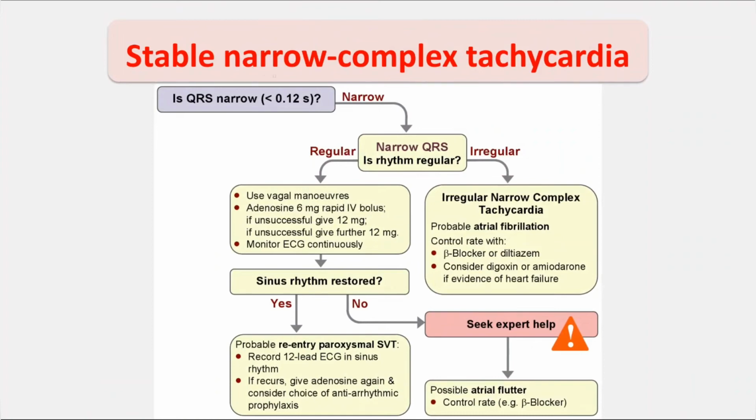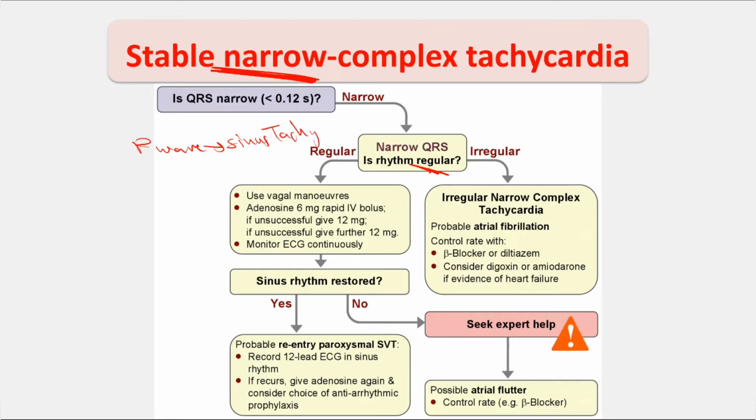But now we are talking about a stable case, with no adverse feature, but the QRS is narrow. So if it is narrow, you have to look at the regularity. If it is regular and there is a P wave, it is most probably sinus tachycardia.